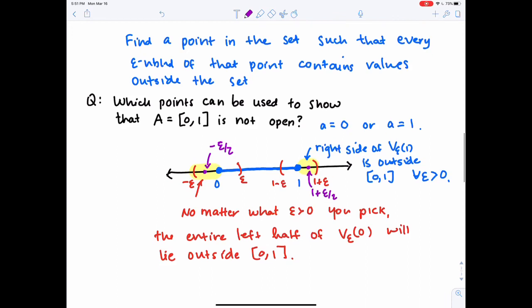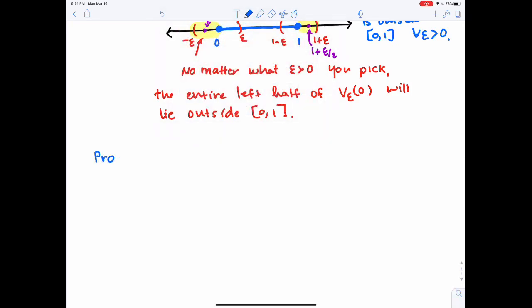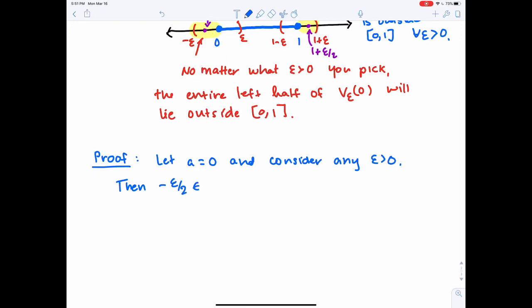So let's write out a proof. We let A equal 0 and consider any epsilon greater than 0. Then negative epsilon over 2 is in V epsilon of 0, but negative epsilon over 2 is not in the interval [0, 1].